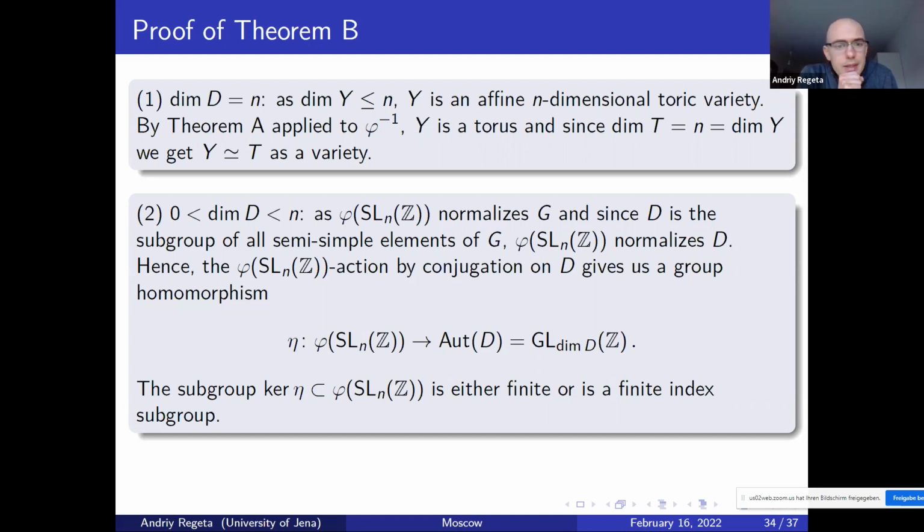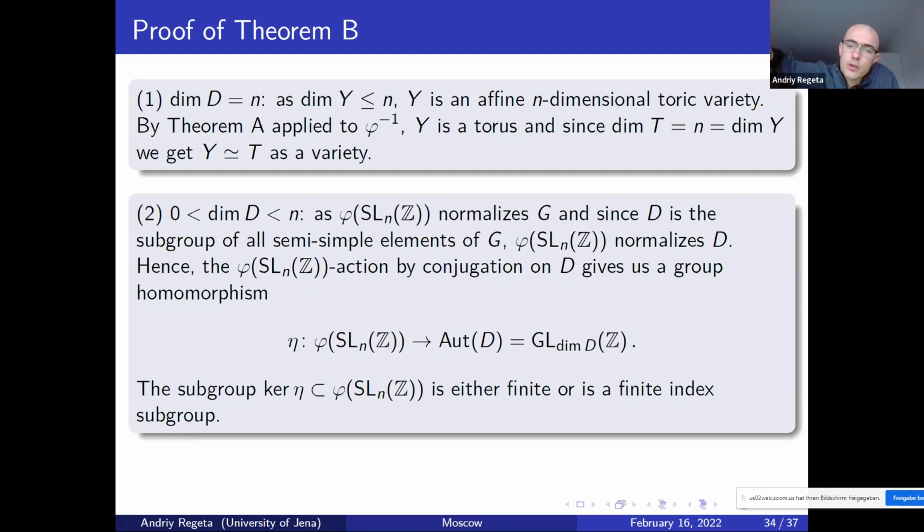As the image of SL_n(Z) normalizes G, and remember G is the connected component of the image of T, and since D is the subgroup of all semisimple elements of G, the image of SL_n(Z), φ of SL_n(Z), normalizes D. Hence, the φ(SL_n(Z)) action by conjugation on D gives us a group homomorphism η from φ(SL_n(Z)) to the automorphism group of D, where D is seen as an algebraic group.